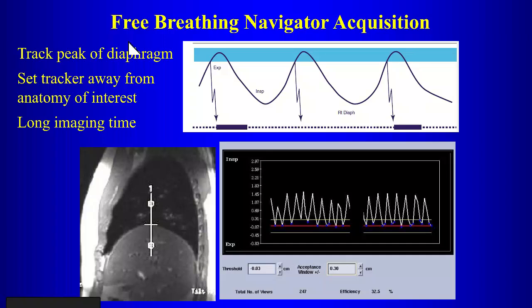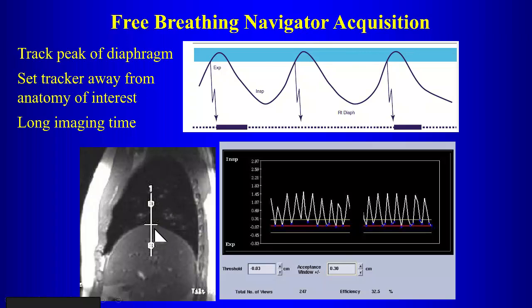There are sequences called free breathing navigator acquisitions. So how does this work? Well, this works by finding the diaphragm. The important thing is we're going to track the motion of the diaphragm, right?